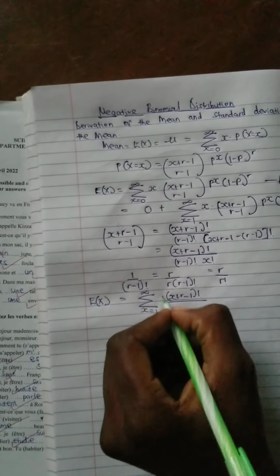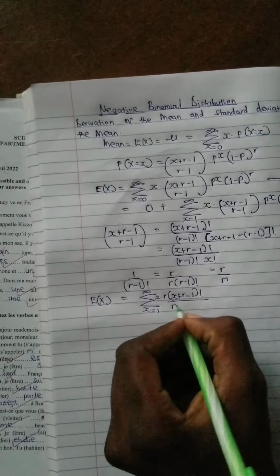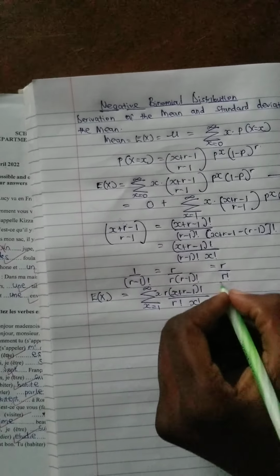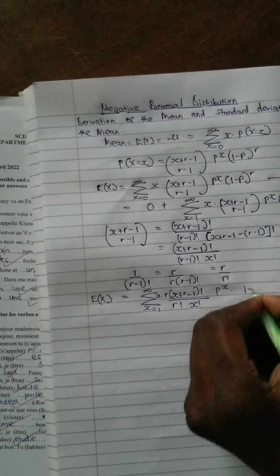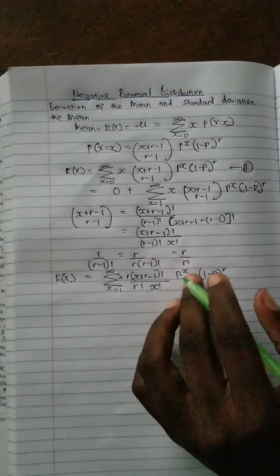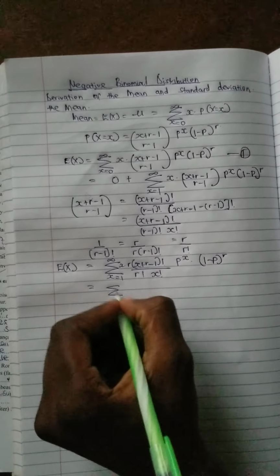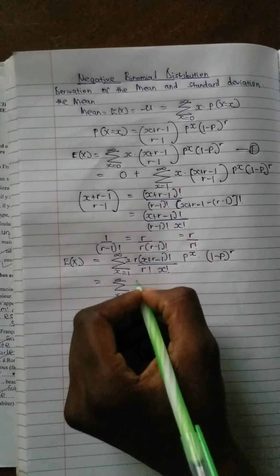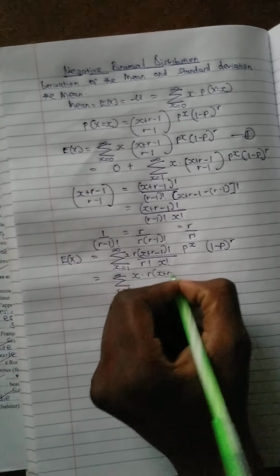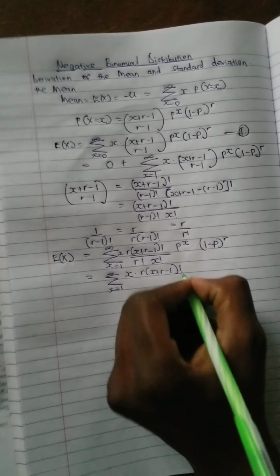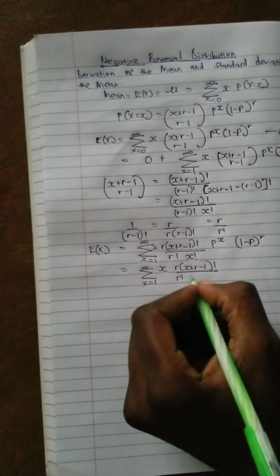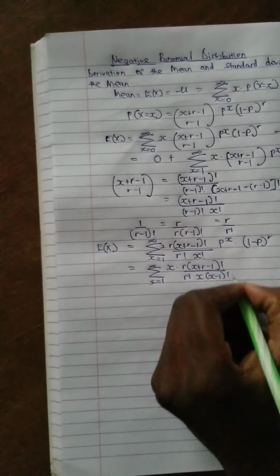When you substitute in, we have x times r times (x plus r minus 1) factorial over r factorial times x factorial, times p^x (1 minus p)^r. Expanding this, the x cancels with part of x factorial, giving x minus 1 factorial.